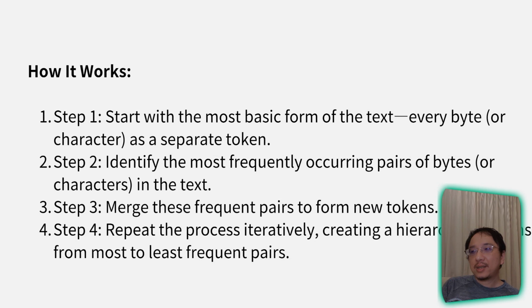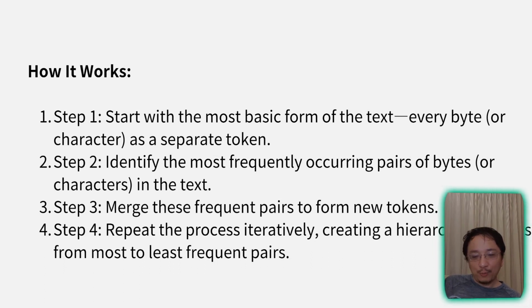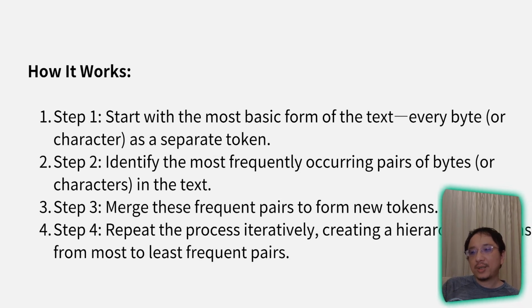The second step is to identify the most frequently occurring pairs of bytes in a text. So we observe the text, and after we find these frequent pairs, we add each pair into the dictionary.